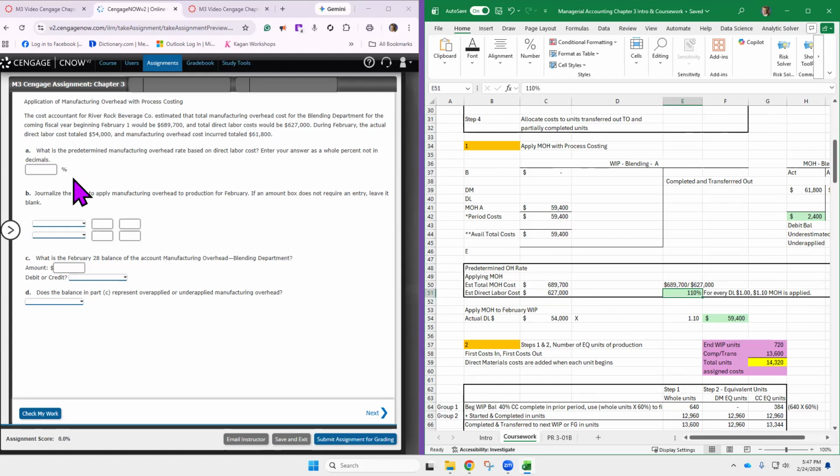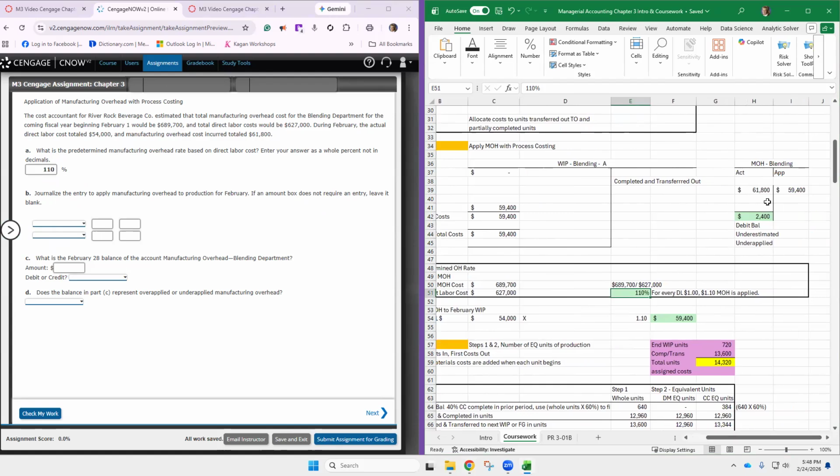What does that mean? That means that for every dollar of direct labor they have $1.10 of overhead that gets applied. Remember, applied overhead is based on estimates, and it goes in the manufacturing overhead account.